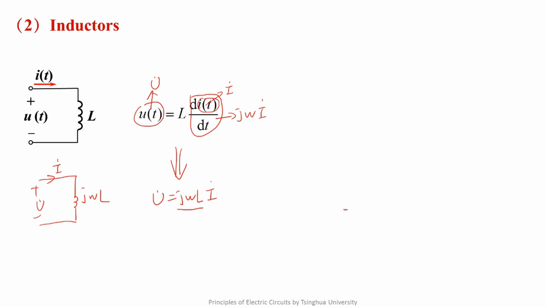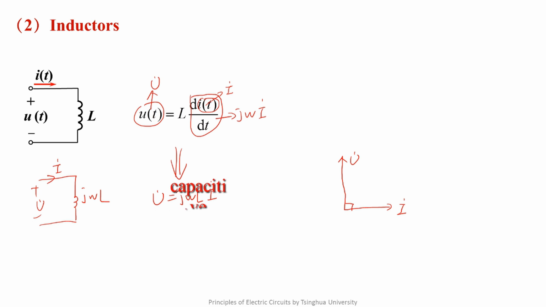This is a phasor form of the inductor current. According to the definition of rotation factor j, j times a phasor makes the phasor rotate 90 degrees counterclockwise. So phasor U leads phasor I by 90 degrees. You must remember this important conclusion.